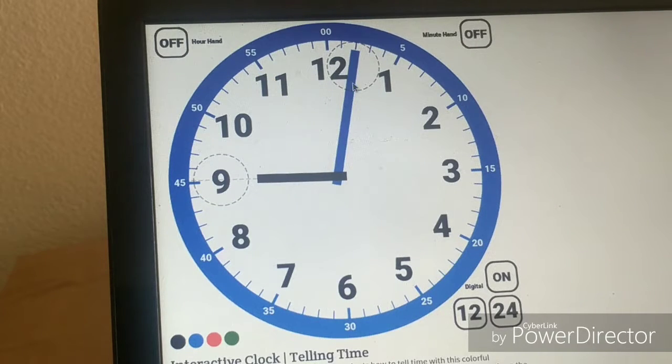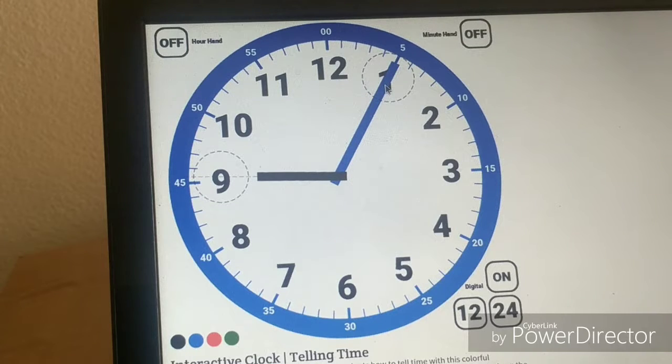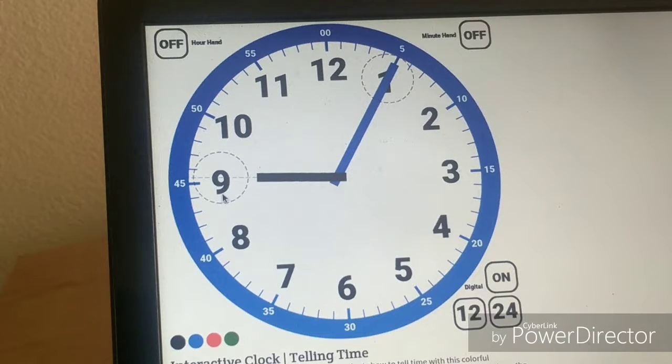If I move the longhand to 5 minutes past 9, which is still pretty close to that new hour, you'll see that the shorthand moves just a little past the 9 and still really close to that new hour, 9. So whatever the longhand does affects what the shorthand does.